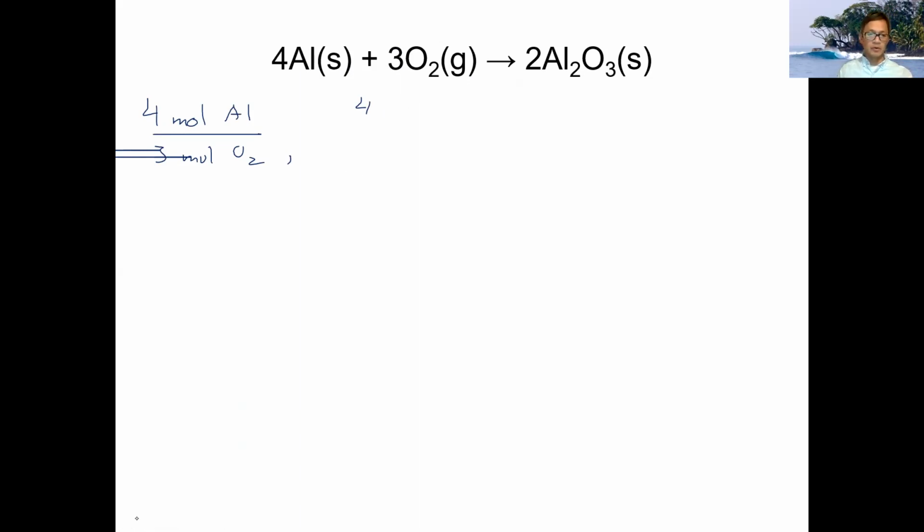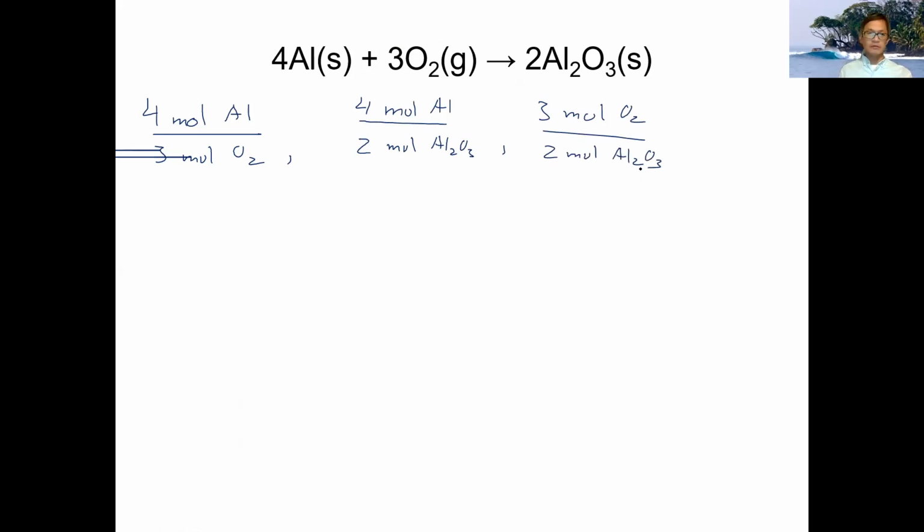So it'll be 4 moles of aluminum to 2 moles of aluminum oxide. And the last mole ratio that we can obtain will be oxygen to aluminum oxide, which is going to be 3 moles of oxygen to 2 moles of aluminum oxide. And so those are the 3 that we're going to choose from.